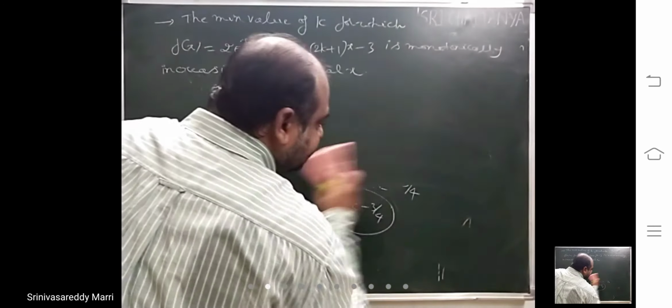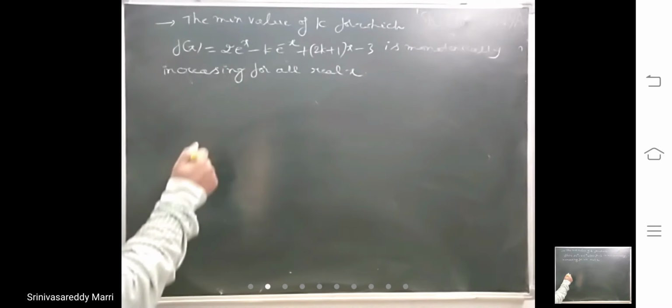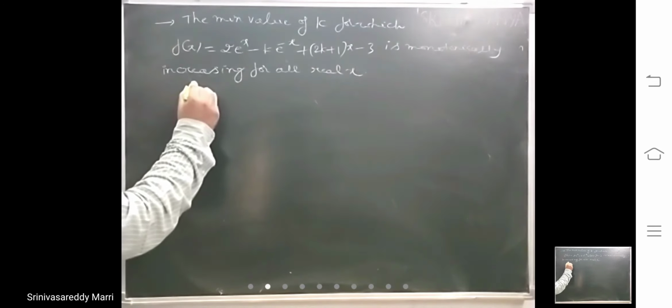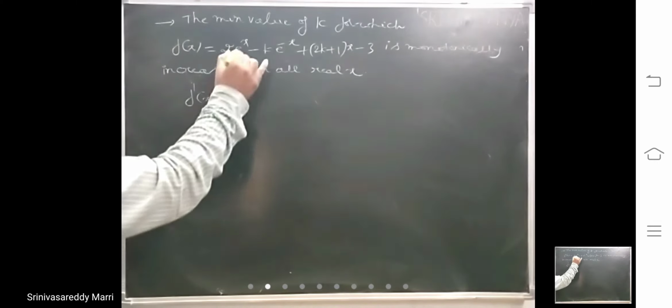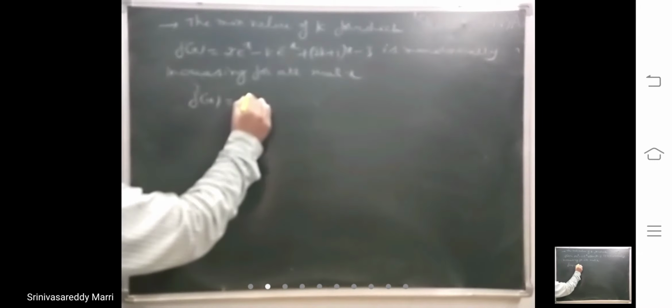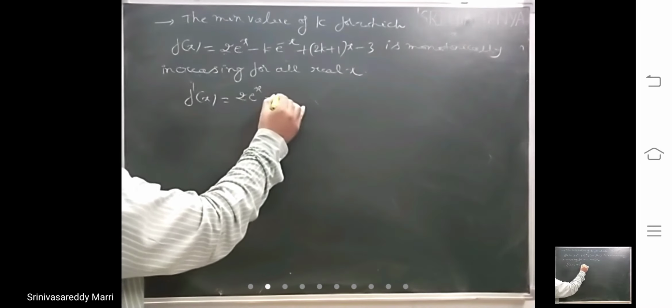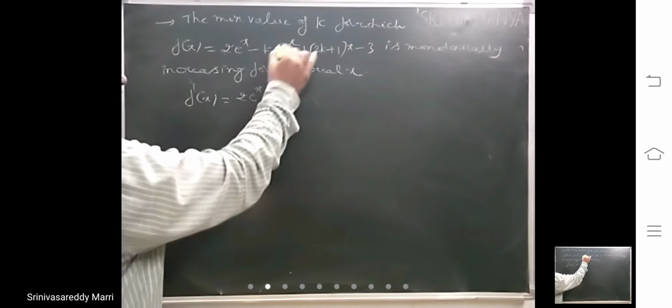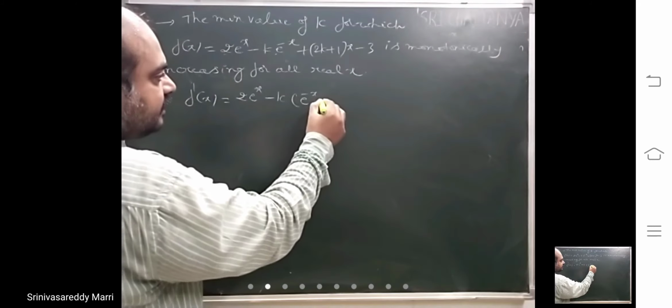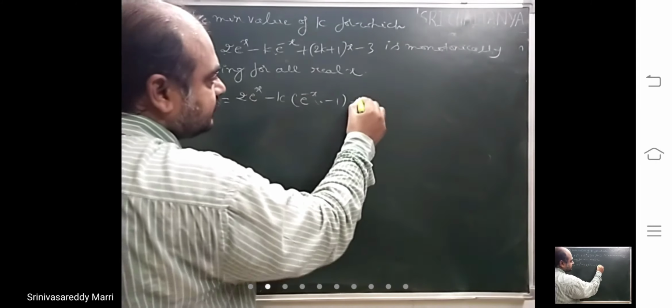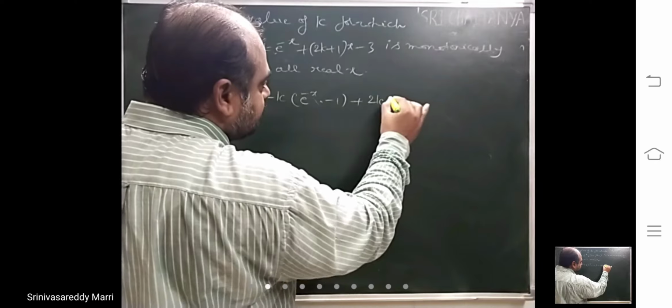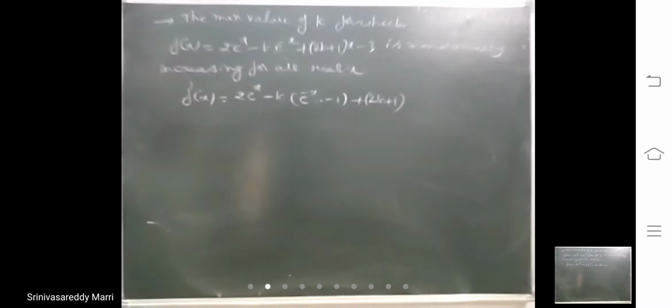Look, he is telling that it is increasing for all real x. That means find f dash x. F dash x means what? 2 into e power x minus k into the derivative of e power minus x, plus 2k plus 1. This is the derivative.